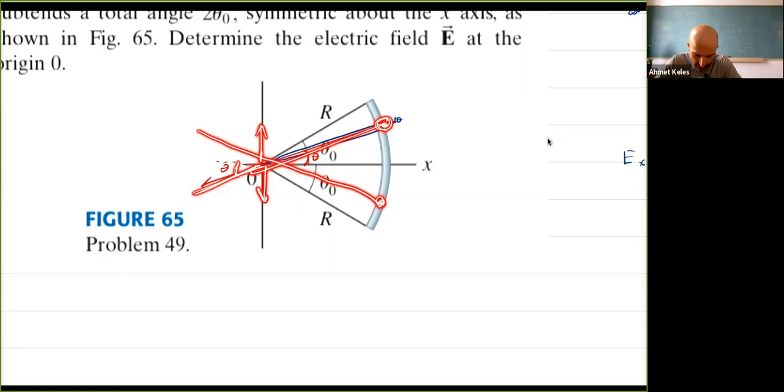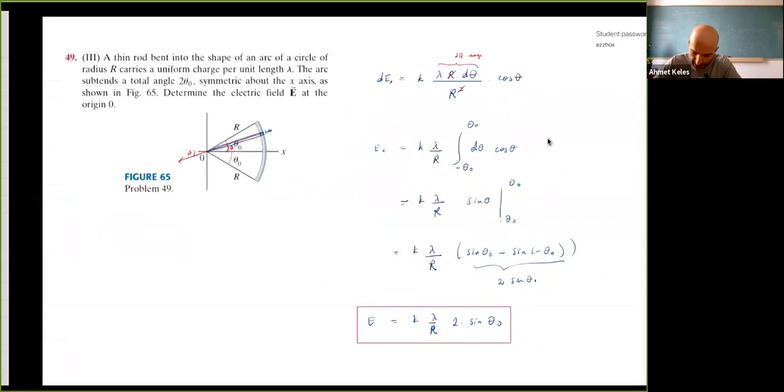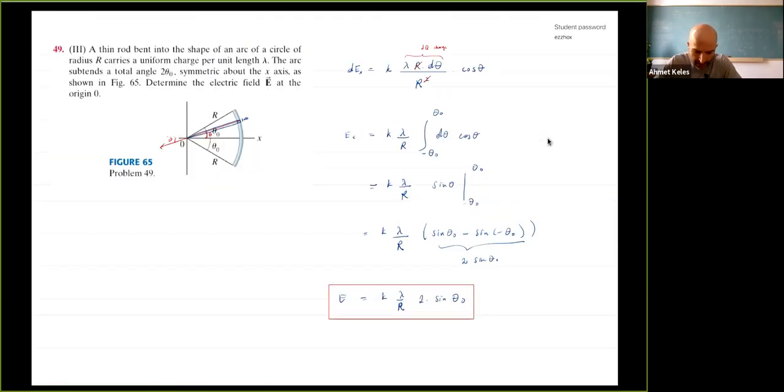So I need to project it to horizontal so that I can only sum over horizontal components. So that's why there's a theta here. That's why we have a cosine theta here. Remember that there has to be a direction with the electric field. And for this guy, we put the direction information manually by using the symmetry. And we know that the total should be along this direction. So we project every single tiny contribution to this component and then sum.